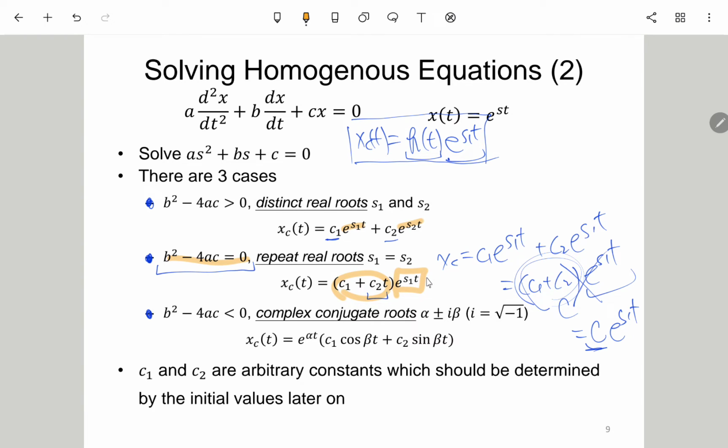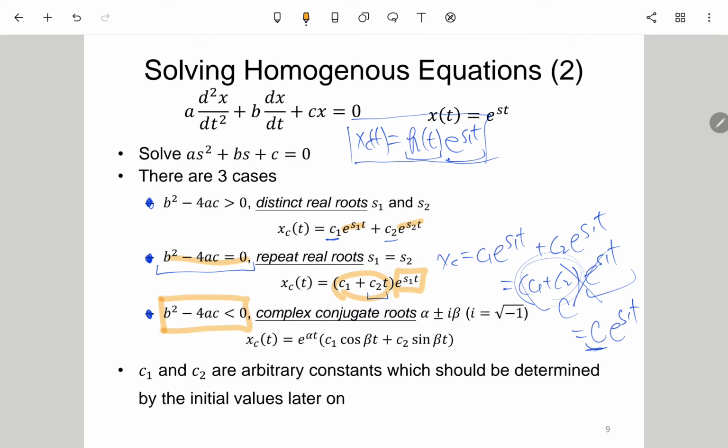And then for the third case, which is the most complicated one, but it will be the most useful. Actually, I think the first two are quite useless. For most cases, what we would like to use is the third case, but this one is the most complicated.